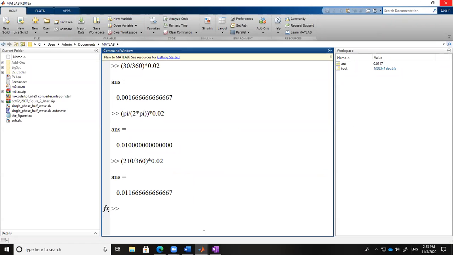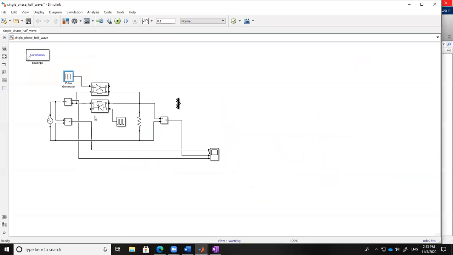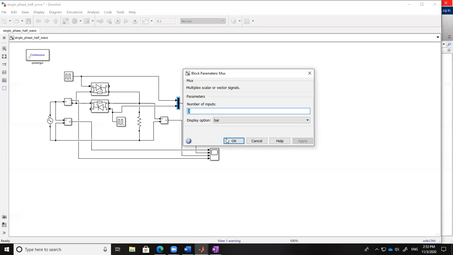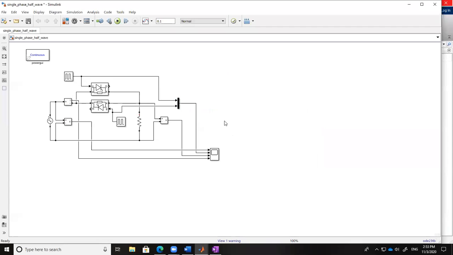So this way I have calculated the firing angle of the second SCR, right? And now I will club the pulses of both, multiplex them. I think you are aware of this word multiplex.